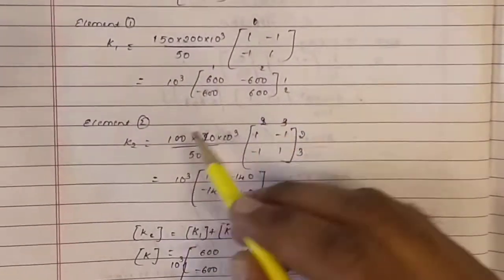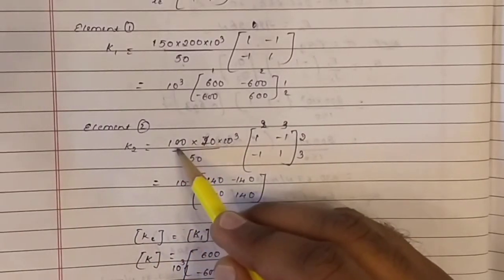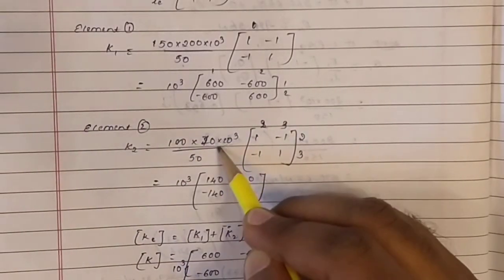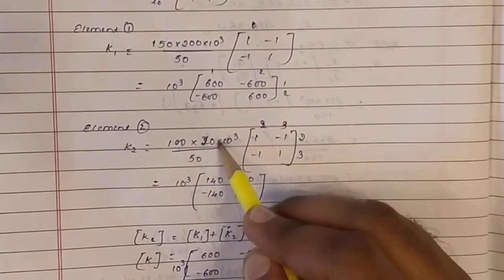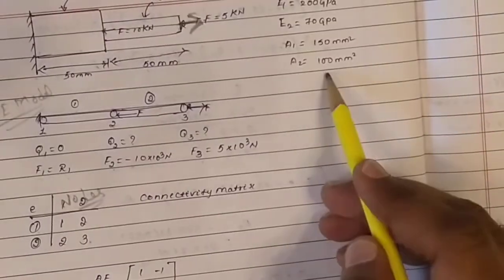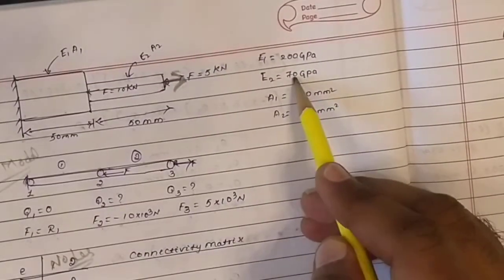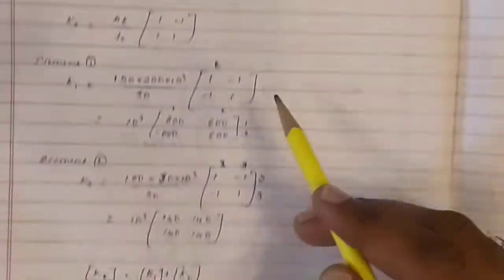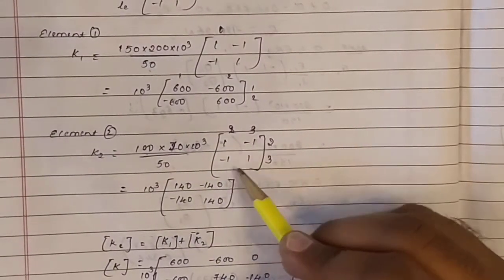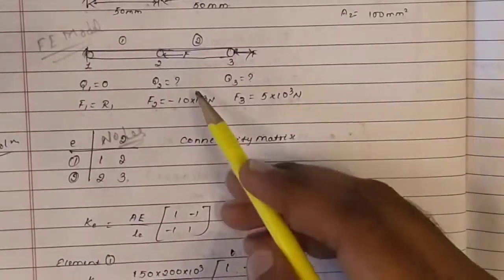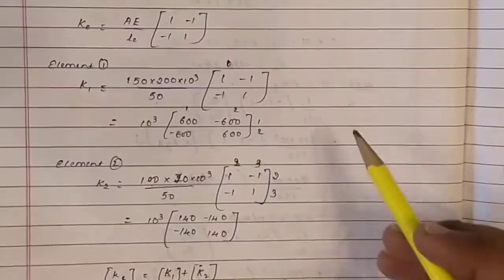Similarly, element 2, K2 equals A2 E2 by L2. You have to be very careful. This is A2 E2 by L2, into [1 -1; -1 1], and it is between the nodes 2 and 3.